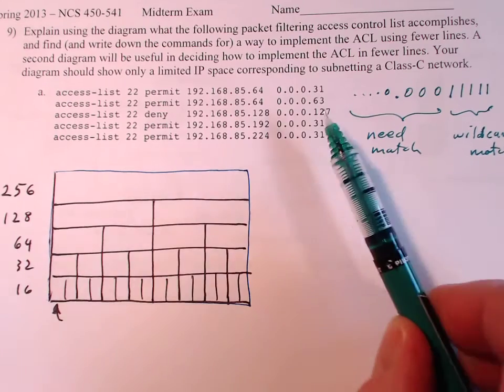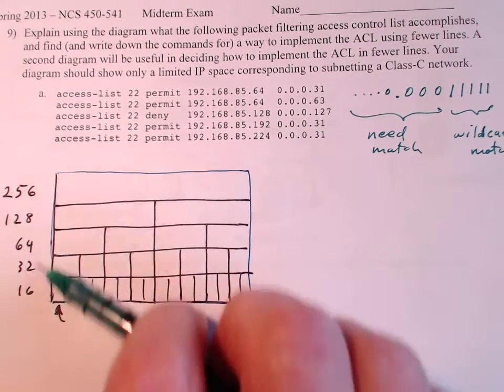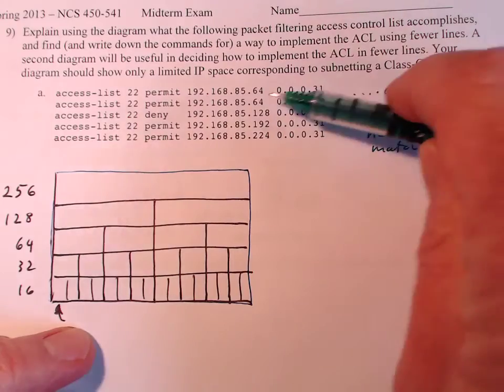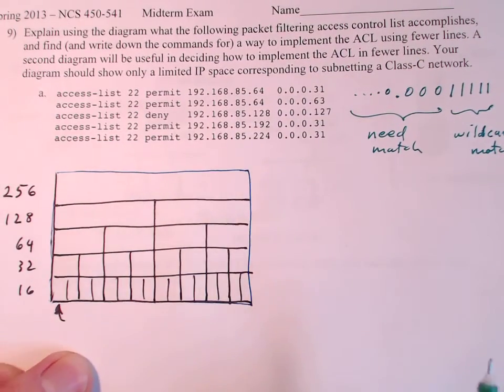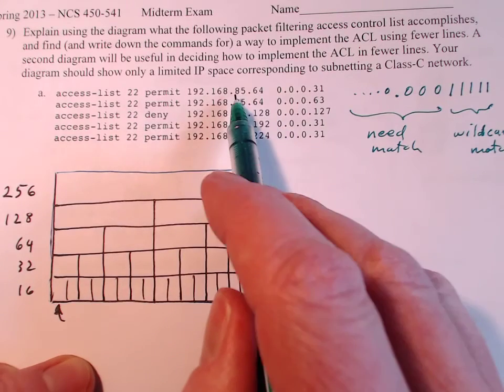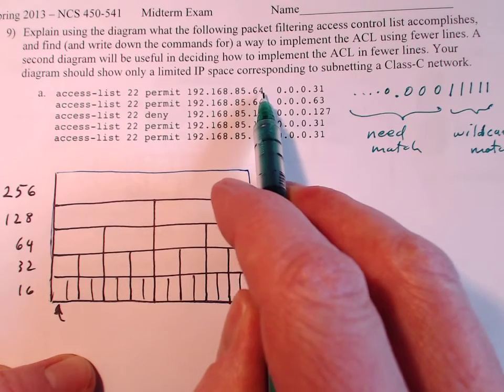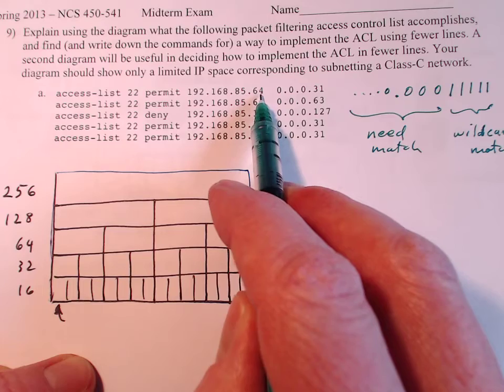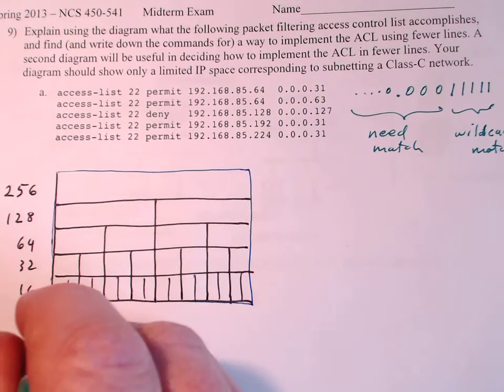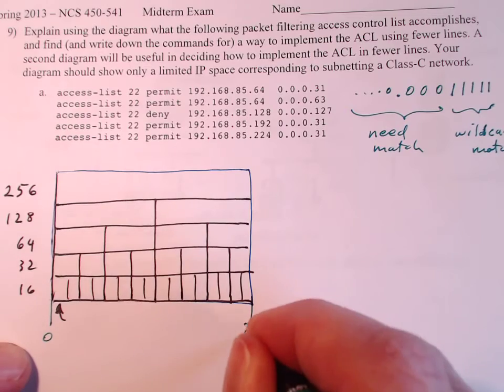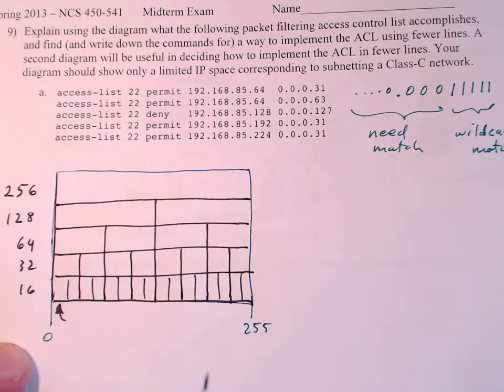Okay, so it's very easy to look at this diagram and look at these numbers in the ACL and just draw a picture of what's going on here. So this is going to match 32 addresses starting at address 64. Well, this is address 0. This is address 255. And so address 64 is easy.